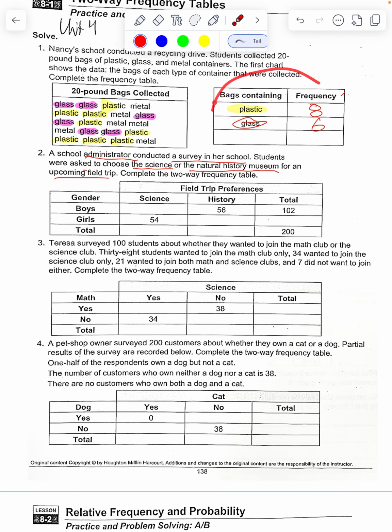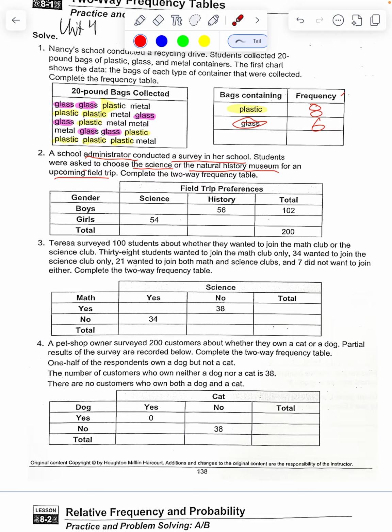The first frequency is just bags and containers, even though plastic or glass, they belong to the same category, recycled trash. But look at the second, two-way. One category is the field trip, and another category is gender, boy or girl. It's totally two different things.